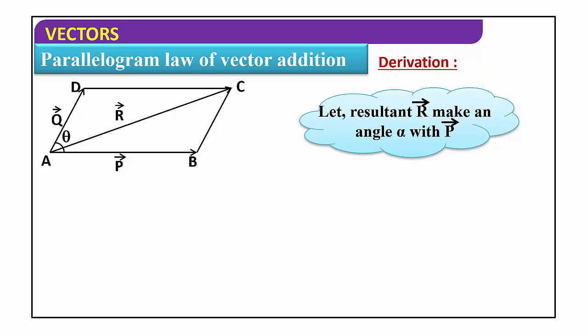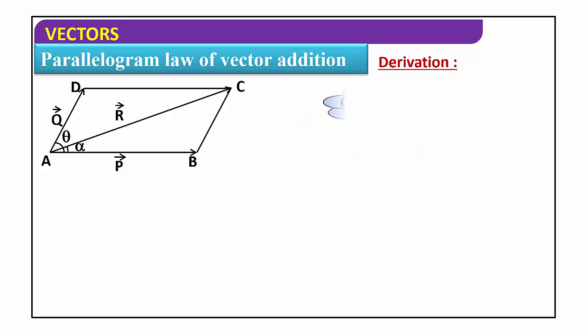The angle between vector P and vector Q is theta. Now we got resultant vector R. The angle between resultant vector R and vector P is taken as alpha.